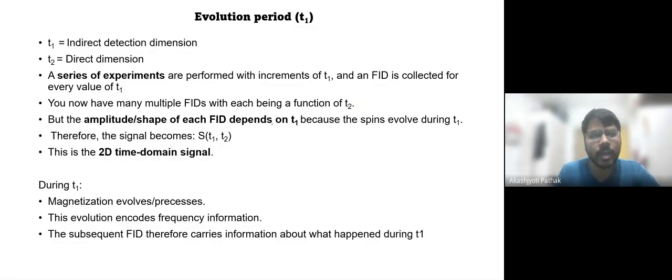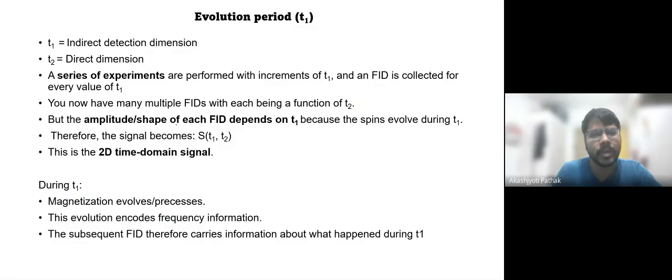Therefore, the signal depends on both T1 and T2, so this is a 2D time domain signal. During the T1 period, the spins evolve or precess according to their own frequency, and this evolution encodes the frequency information. So the subsequent FID carries information about what happened during the T1 period.